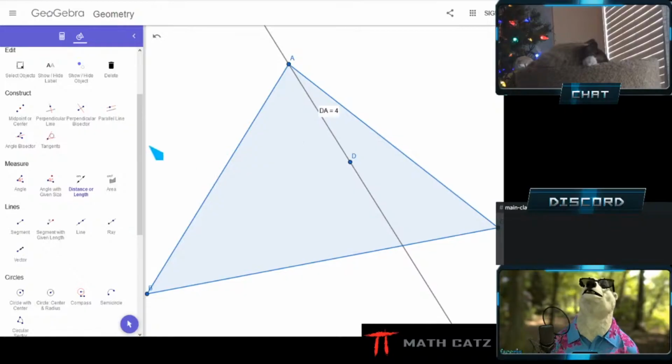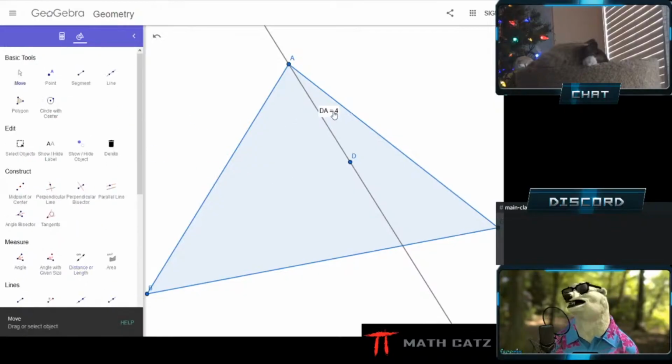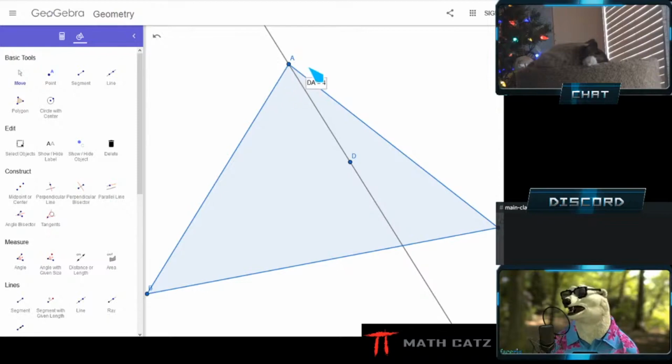DA is 4. Oh, that's nice. That's a nice number to work with. Then I'm going to apply my scale factor to that length. So 0.6 times 4. I know you know what it is, but I'll show it anyway.